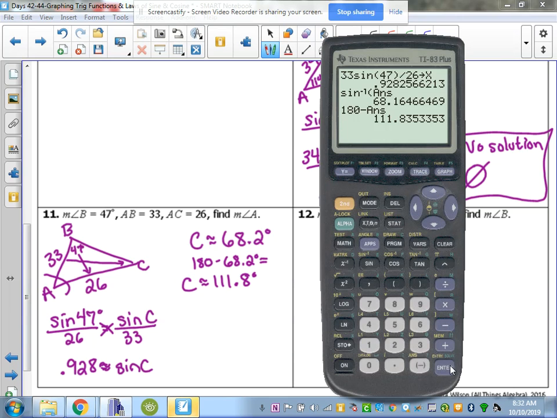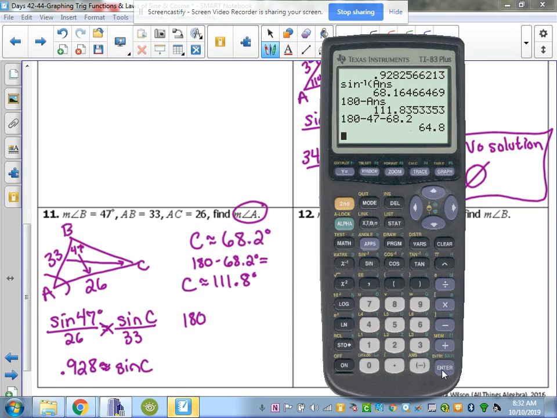So if those are our possibilities for C, they were actually asking us about angle A. So we've got to do 180 minus the angle that we know, the 47 degrees, minus the first possibility for C. So 180 minus 47 minus 68.2.